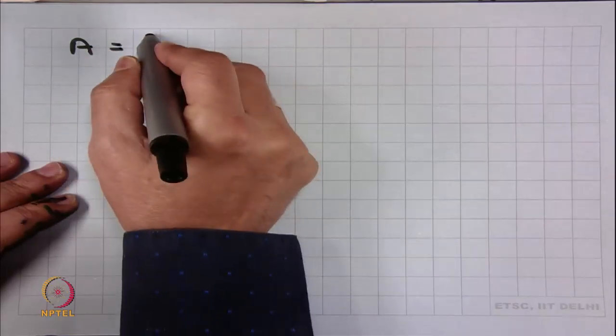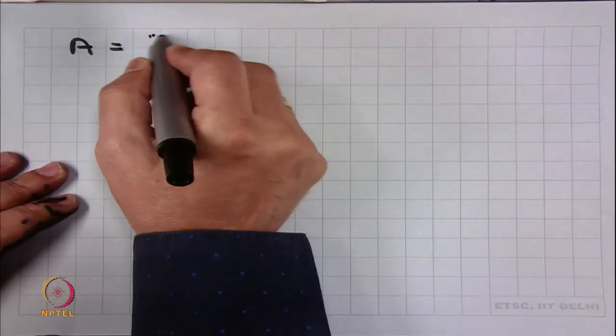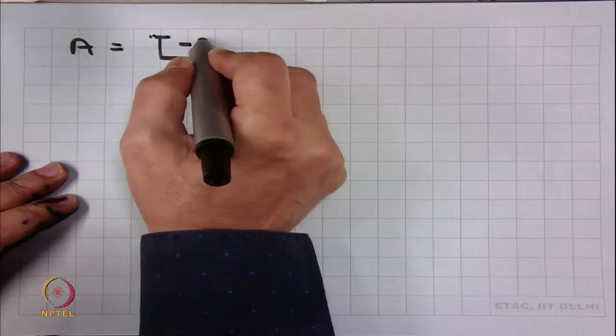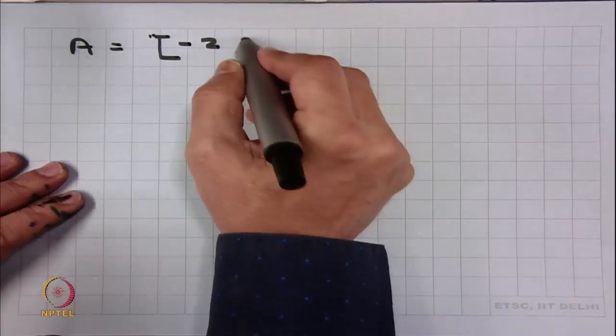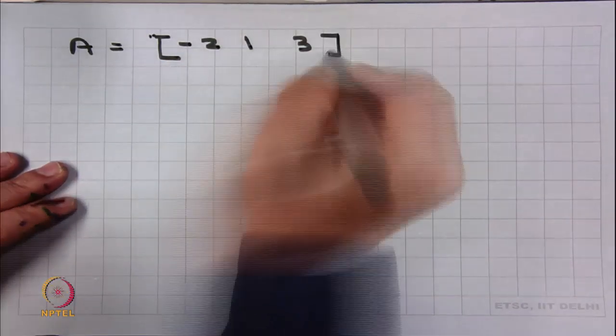Now, we show it using alpha cut. A is equal to (-2, 1, 3).